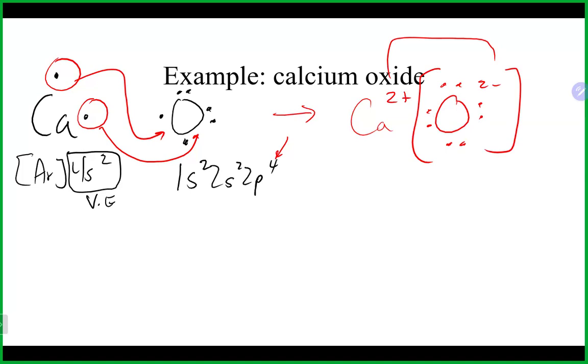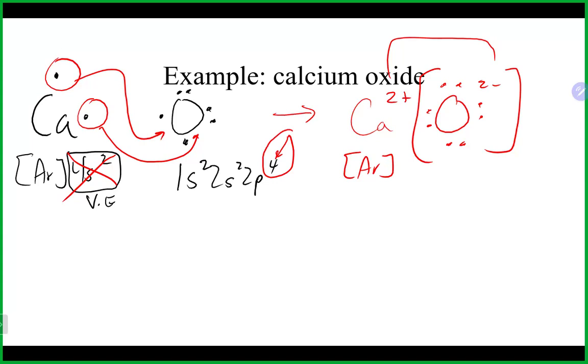Once again, if we look at what happens in terms of the electron configuration, calcium started at 20 electrons, gives away these 2 valence electrons, ends up at 18 electrons, and achieves argon's configuration. As I mentioned earlier, the oxygen has room right there in the p subshell, which could hold 6 electrons total.